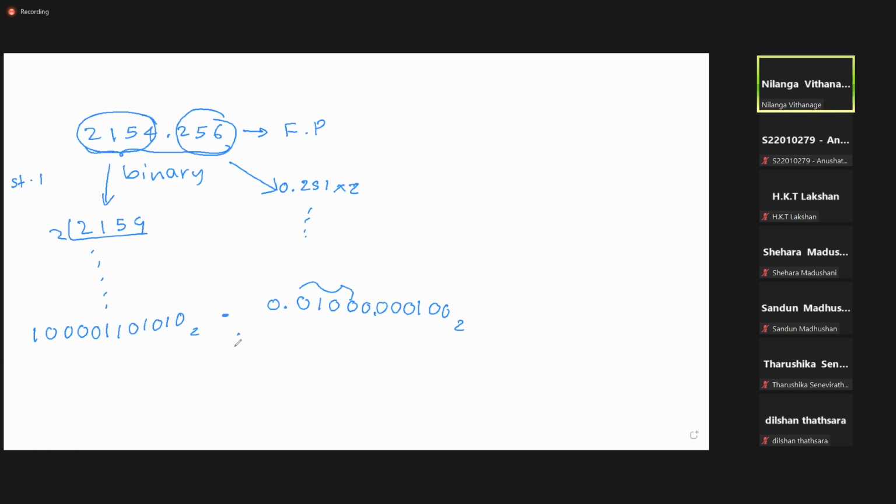Then you have to represent this number in this format, 1 point something multiplied by 2 to the power of something. So you have to take this binary value here.